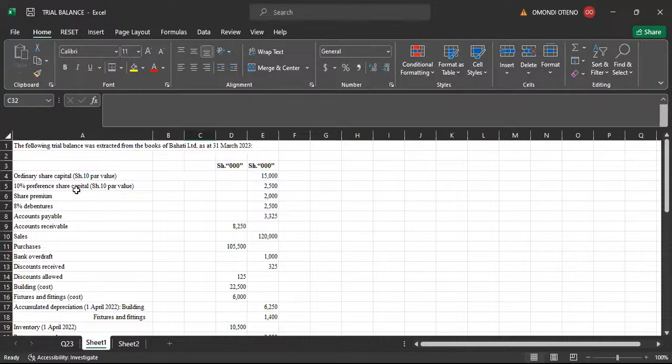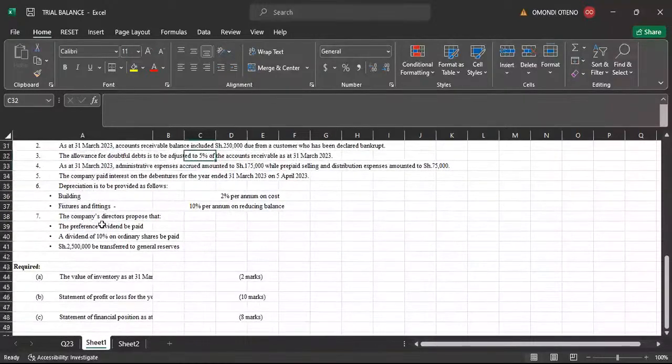So 10% of the preference share capital value is what will give us the dividend amount. They also proposed a dividend of 10% on ordinary shares be paid, and then 2,500,000 be transferred to general reserves, other reserves.